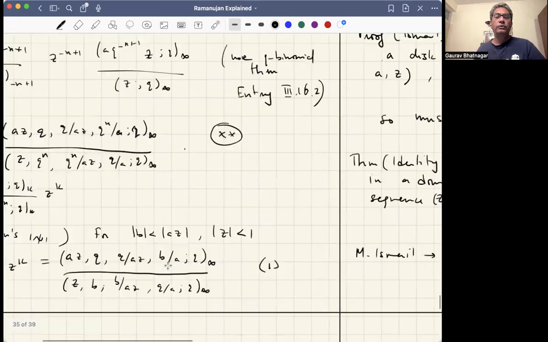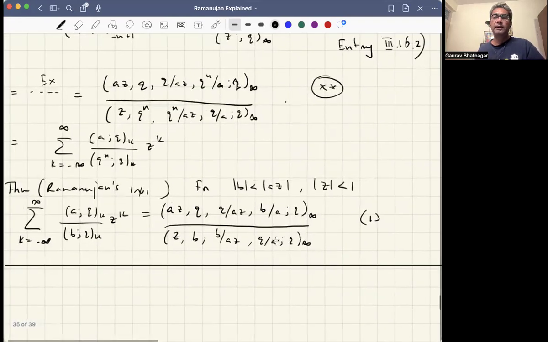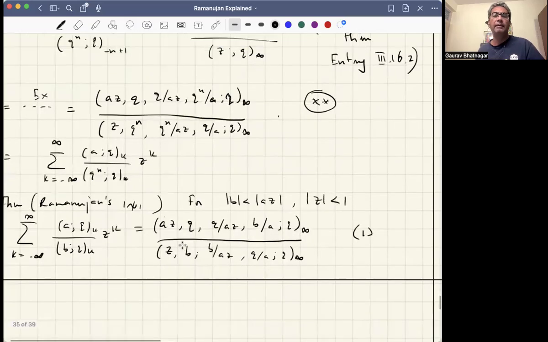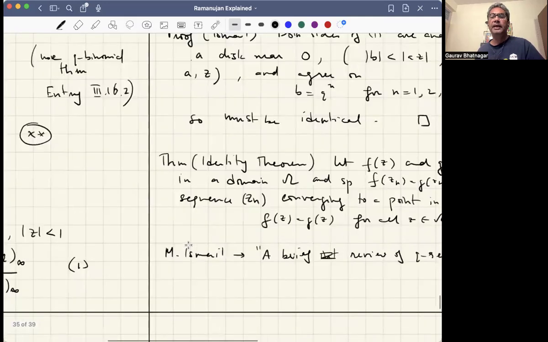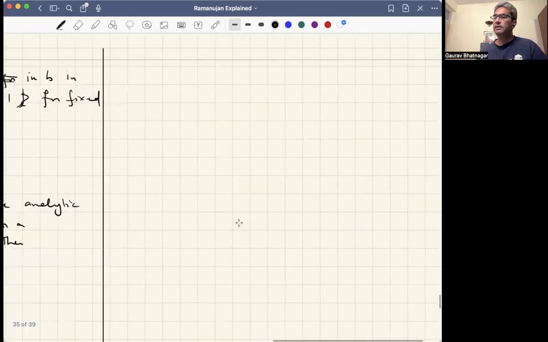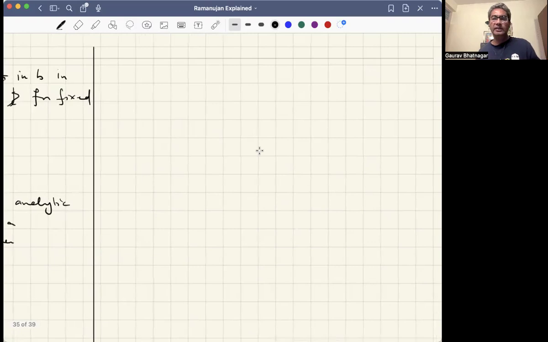All right. So to summarize, the proof is simply you use the q-binomial theorem to prove a special case b equal to q raised to the power n, and then by analytic continuation you get the desired result. So it's a discovery proof. What is very interesting is the discovery proof.